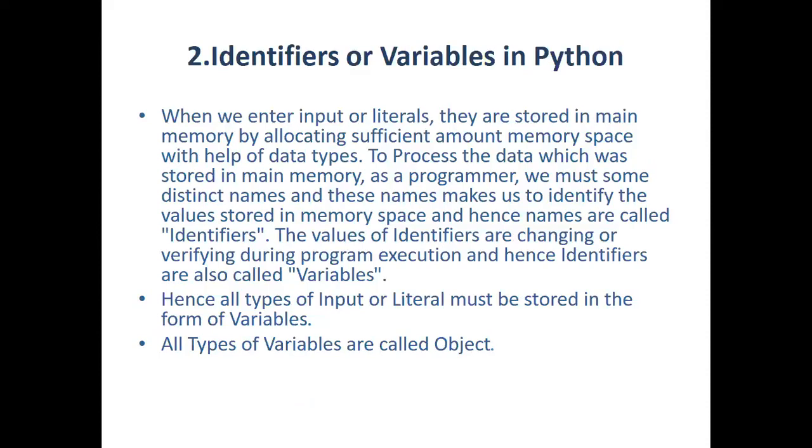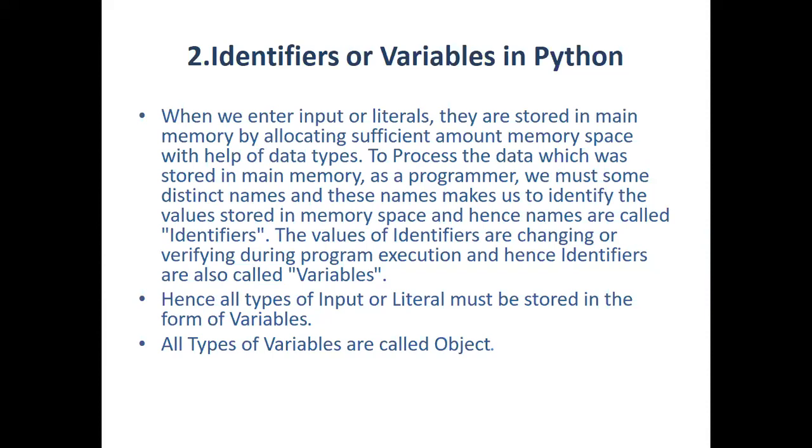Whenever we enter input, whenever we make any input or literal, what happens? It is stored in the main memory by allocating a sufficient amount of memory space with the help of data type.